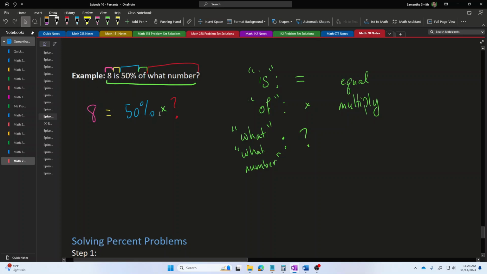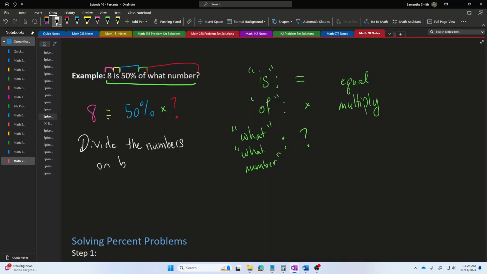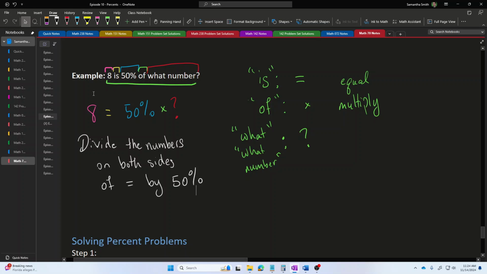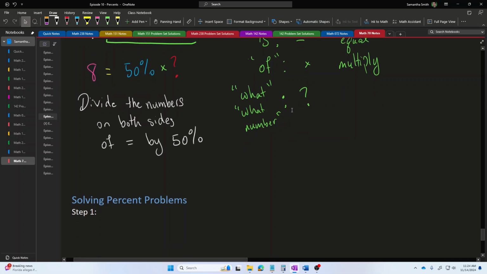But if two quantities are the same and I want to keep them equal to each other, then I need to perform the same action to the quantity on the right side and the quantity on the left side. So I'm going to divide the number on both sides of the equal sign by the 50% to get rid of the multiplied 50% on the right side.